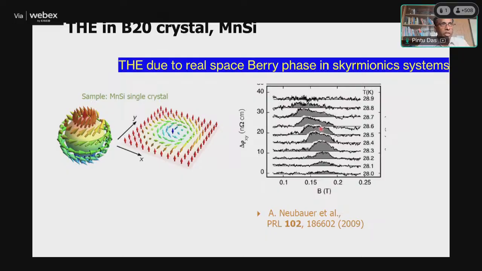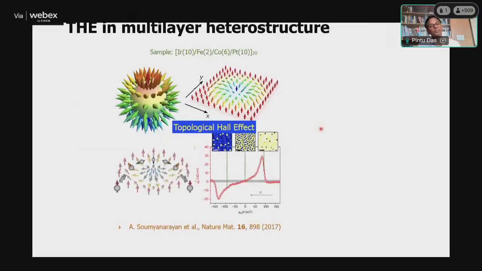So you measure the total Hall effect, and then you subtract the ordinary component, you subtract the anomalous component, and what is left over is your topological Hall effect, and that's what they have plotted here. I'm highlighting this just to note that this is a very small temperature range, and also the Hall effect that you see is very small, nano-ohm centimeter.